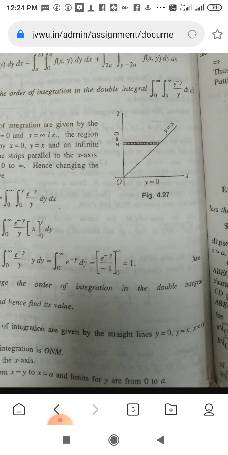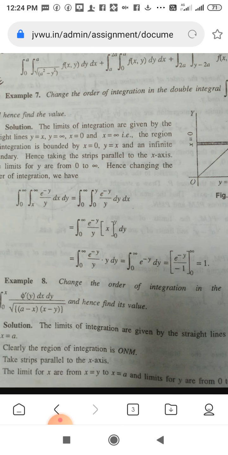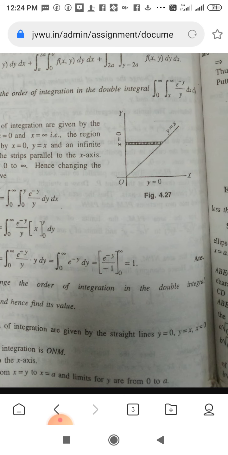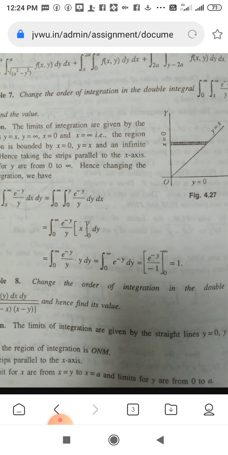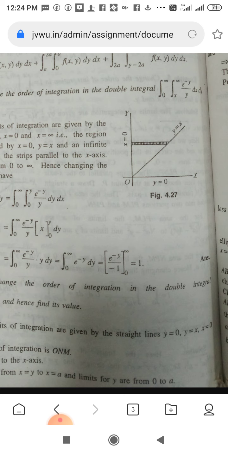Hence this line y is equal to x is represented in this figure. Y is equal to x line we can draw, and then y is equal to infinite. So the area is above the line y is equal to x and the line x is equal to 0, open infinitely. In the same way, the limit of x is from 0 to infinite.